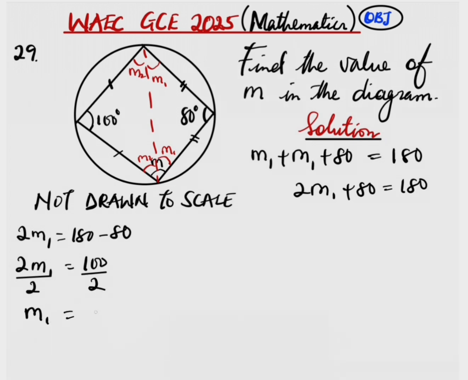as 50 degrees. So these two angles, let's erase m sub 1 now since we have its value, and replace with 50 degrees, 50 degrees. So now let's find the value of m sub 2.